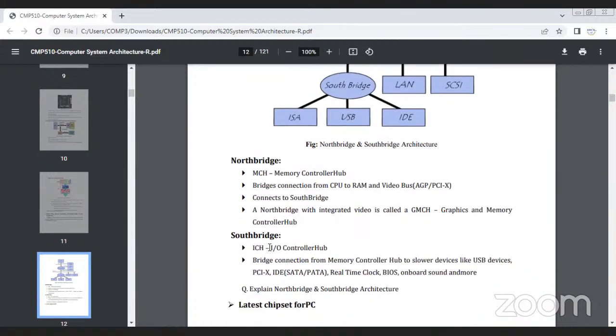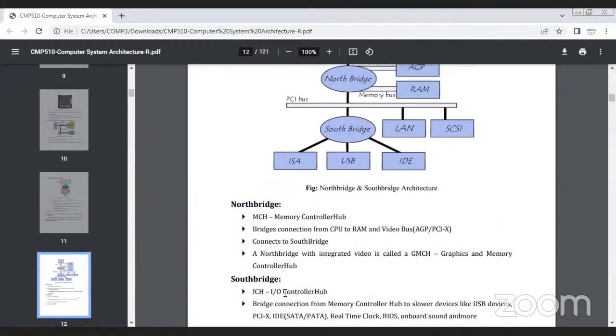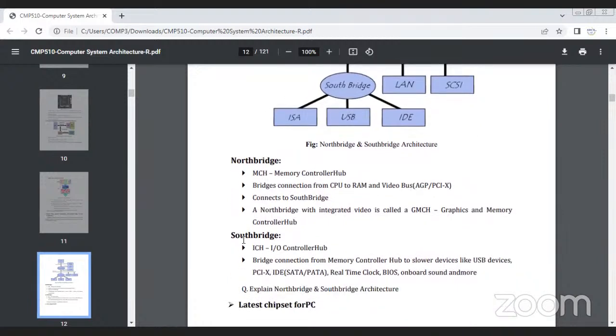South bridge: the main purpose of the south bridge is the input output control hub. The south bridge connects from the memory control hub to slower devices like USB devices, PCI, IDE, real-time clock, BIOS, onboard sound, and more.